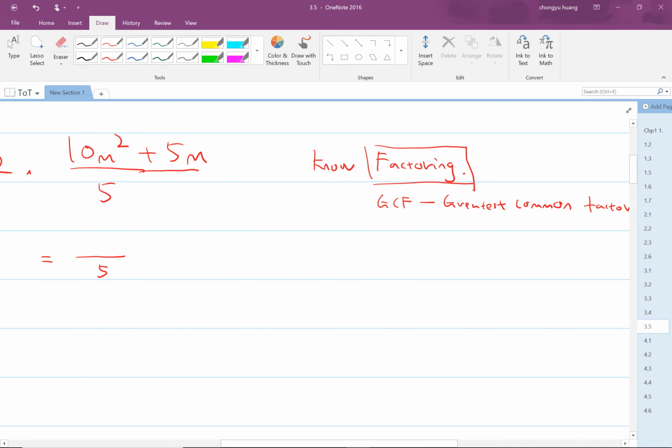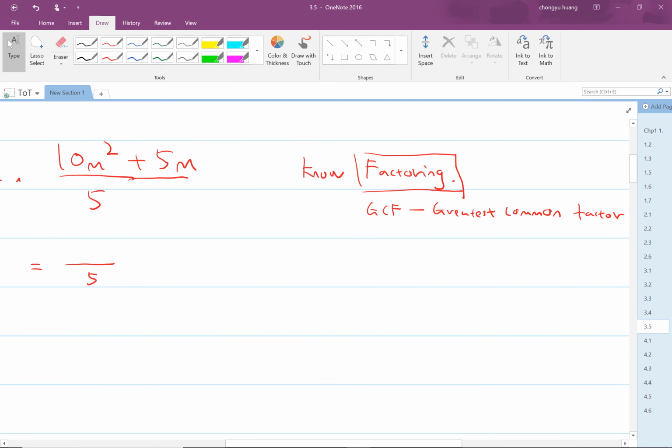For example, at the numerator we have 5m and a 10m squared. The GCF here is 5m.